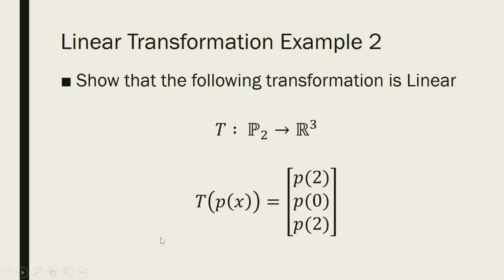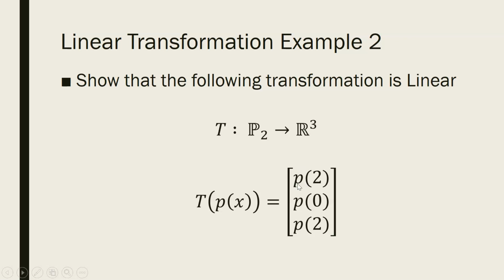Now I want you to push pause on the video and see for yourself if this transformation is linear. We're going to go polynomials of degree 2 and less, but I'm going to think of them as functions. We take a polynomial, put it into this transformation, and spit out R3.